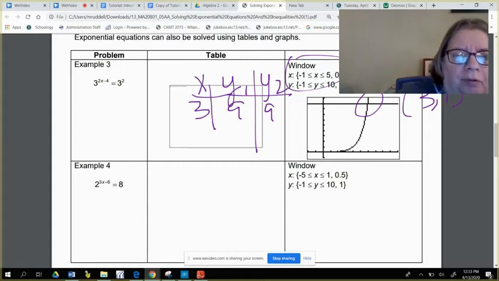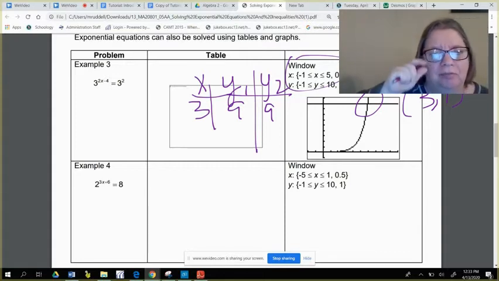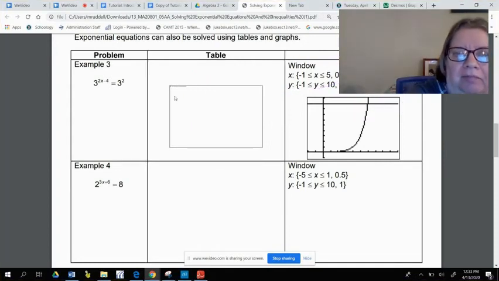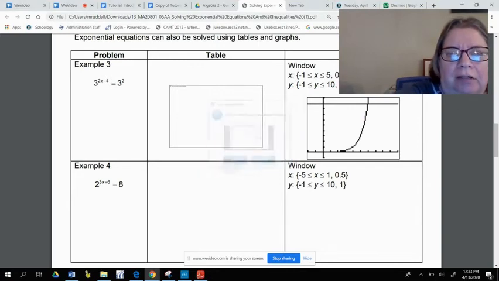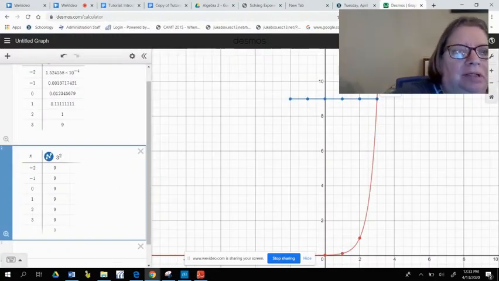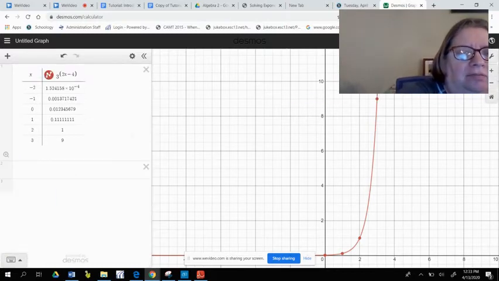Okay, let's look at example 4. 2 to the power of 3x plus 6 equals 8. Now, when we solved that on the other video, we had to write it with the same base. If you're using a calculator, you don't have to write it with the same base.